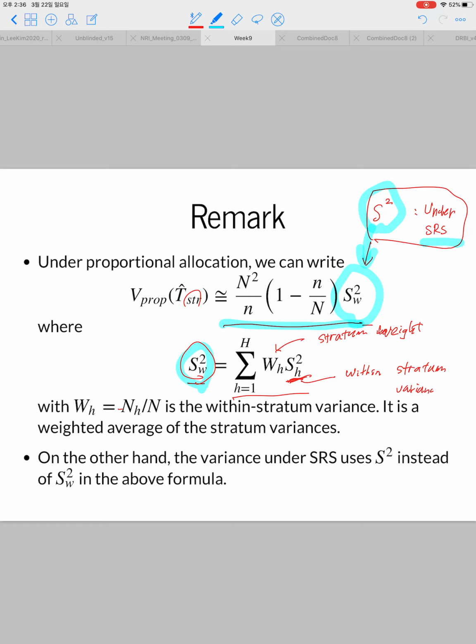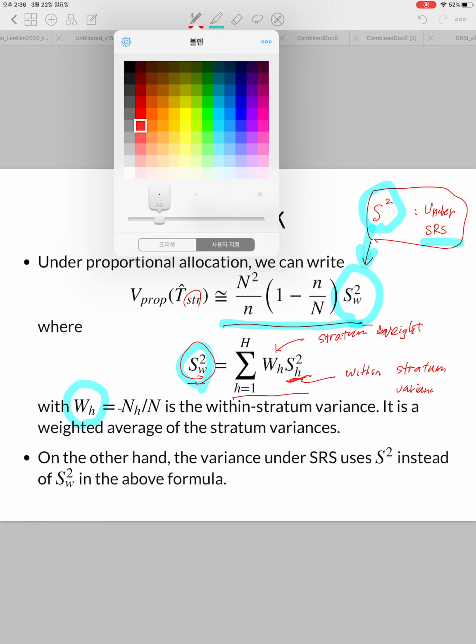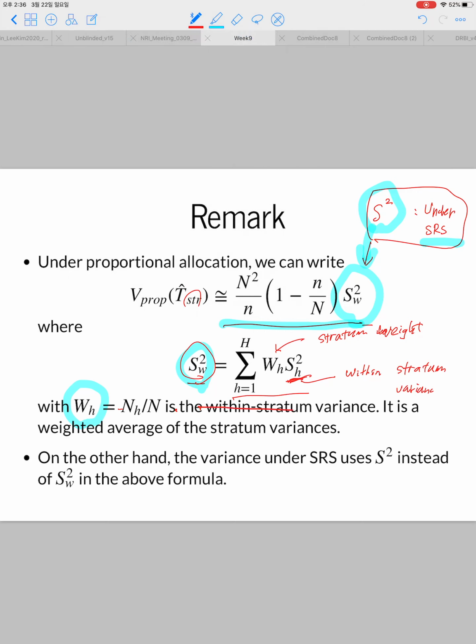But now we change it to Sw square, where Sw square is the weighted average of the stratum variances, where Wh is, it's a typo, it's the stratum weight. That is basically the proportion that stratum h represents of the finite population. Okay, so that's the first part.